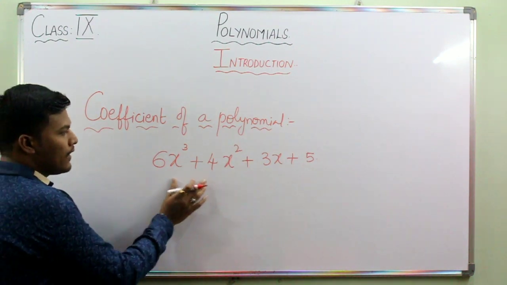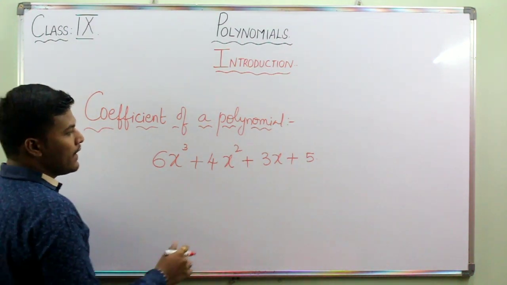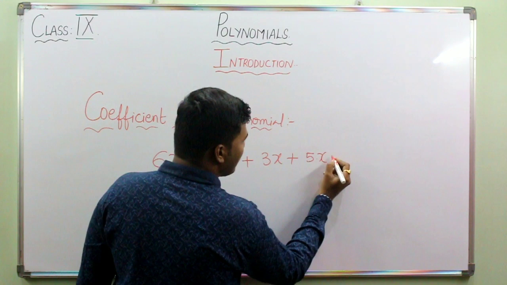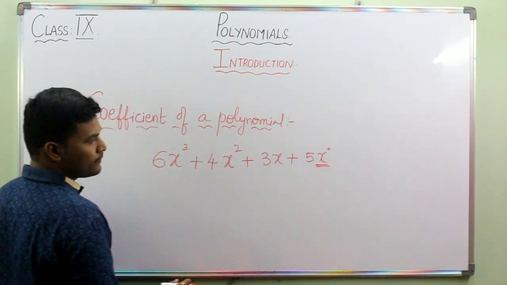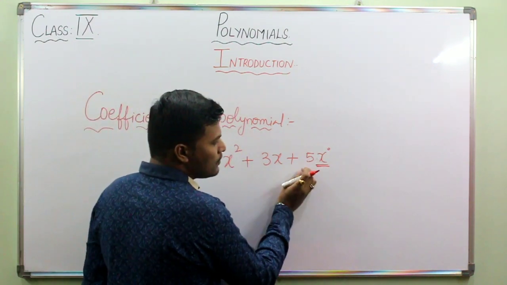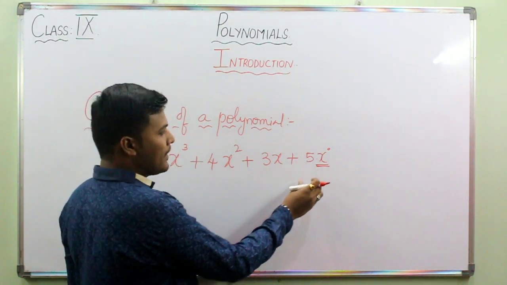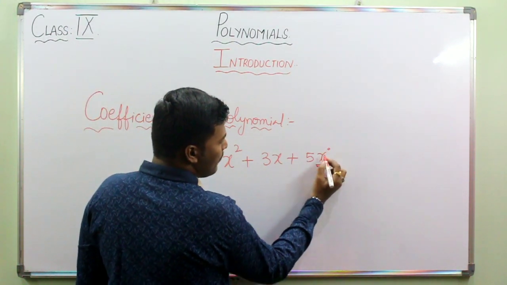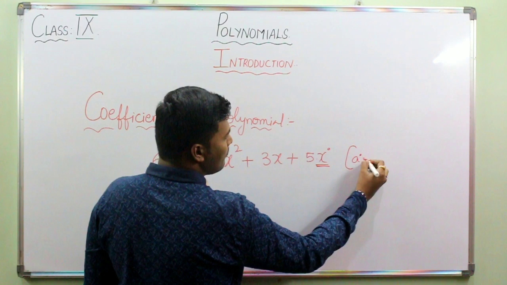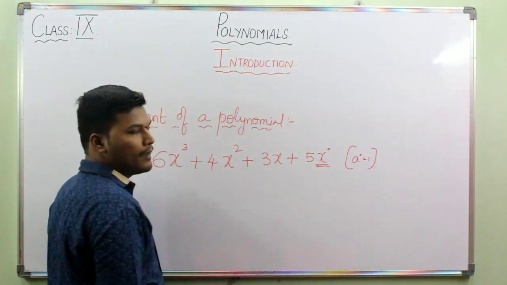It is called a polynomial, yes, because here I can take 5 as 5 into x to the power of 0, since anything to the power of 0 is 1. So 5 into 1 will become 5.